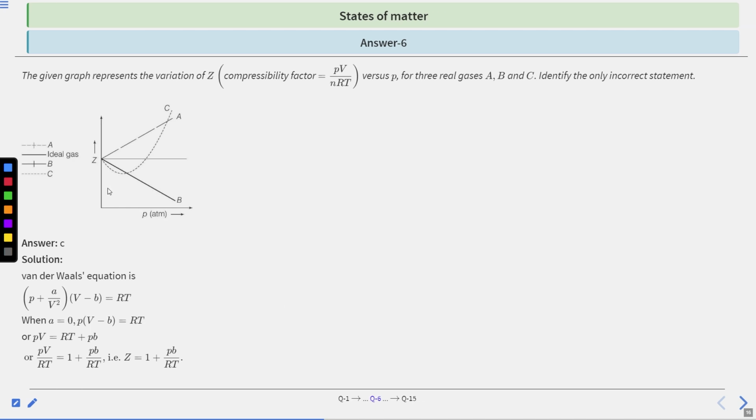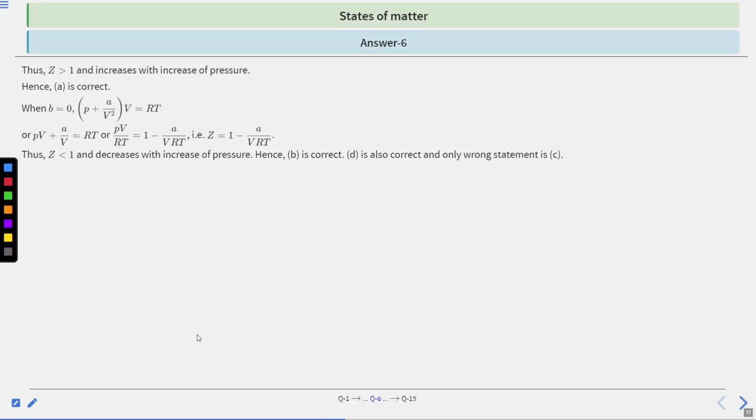Okay, so the correct answer will be option C. The van der Waals equation is given by (P plus a/V²) multiplied by (V minus b) equals RT. So when a equals 0, P times (V minus b) equals RT, or PV equals RT plus Pb, or Z will be equal to 1 plus Pb/RT. Thus Z will be greater than 1 and increases with increase of pressure.